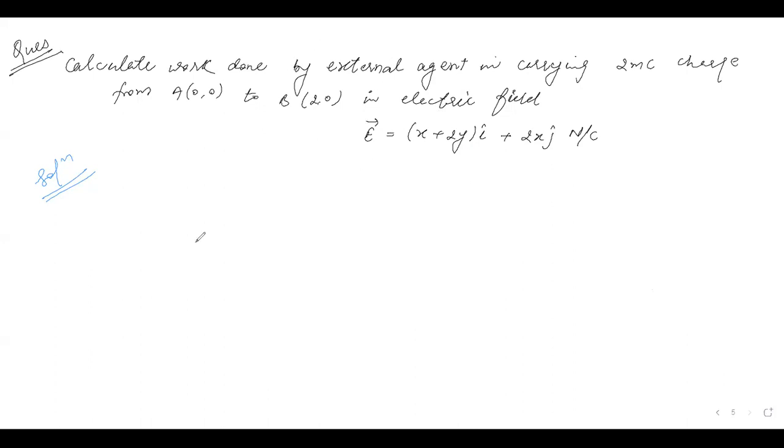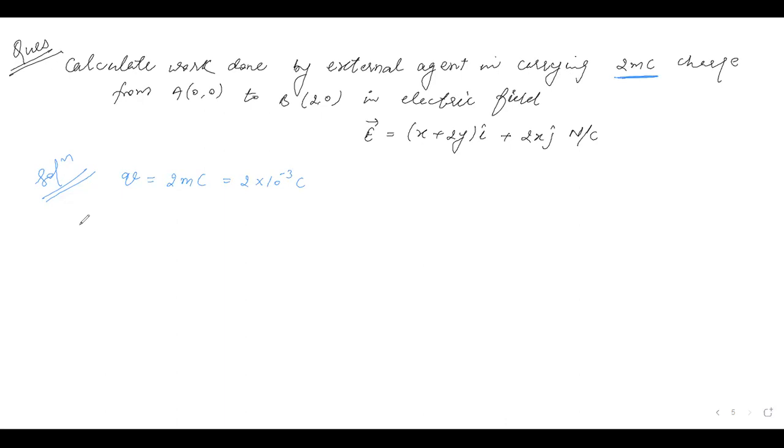Now we are going to apply here. The given values are Q is equal to, what is your value of Q? Q is your 2 millicoulomb, which is 2 into 10 raised to the power minus 3 coulomb. Okay.